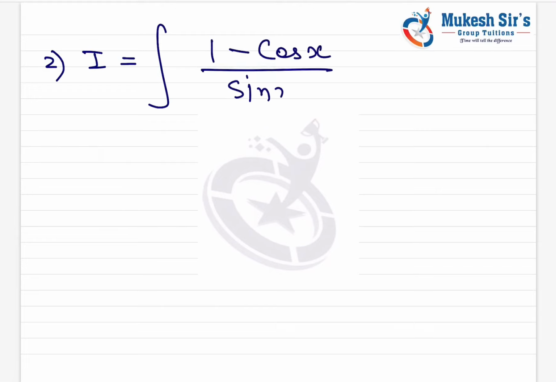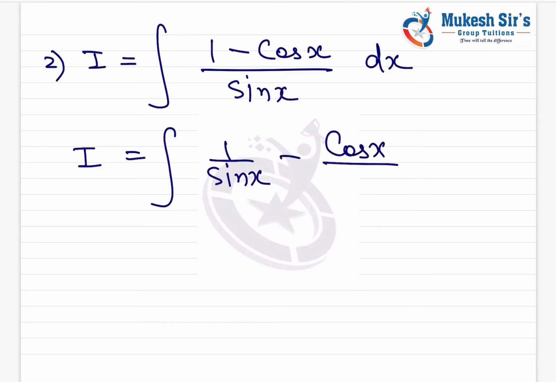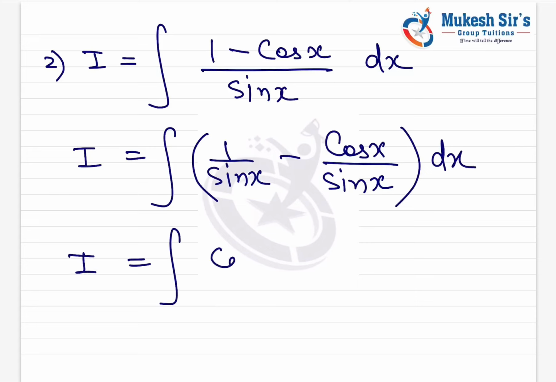Let's solve one more question. What is the integration of 1 minus cos x the whole upon sin x? So you can write this as integration of 1 upon sin x minus cos x upon sin x. Separate them. So this becomes integration of cosec x minus cot x dx.